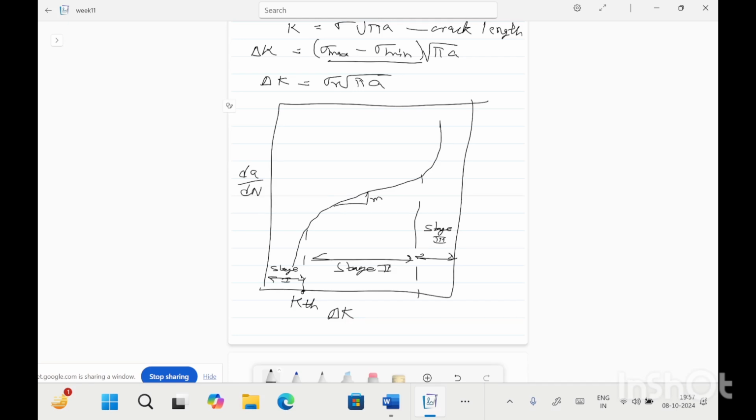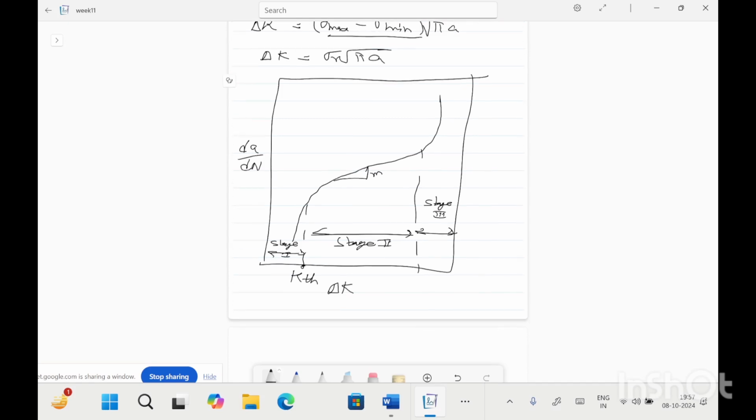And after crossing stage 2 crack growth, the fracture will happen rapidly. This point is the rapid fracture.